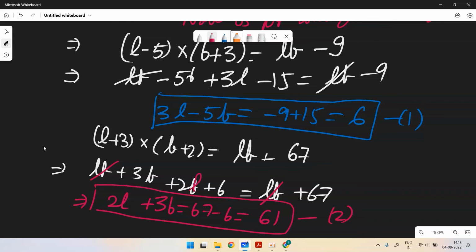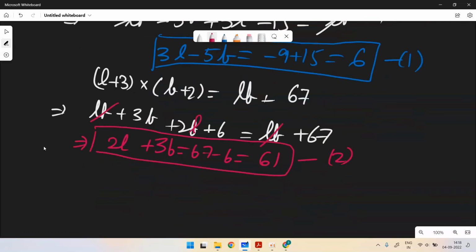Now you will solve these two equations and you will get the answer. Multiply this equation by 2 and this equation by 3, and subtract the two equations.